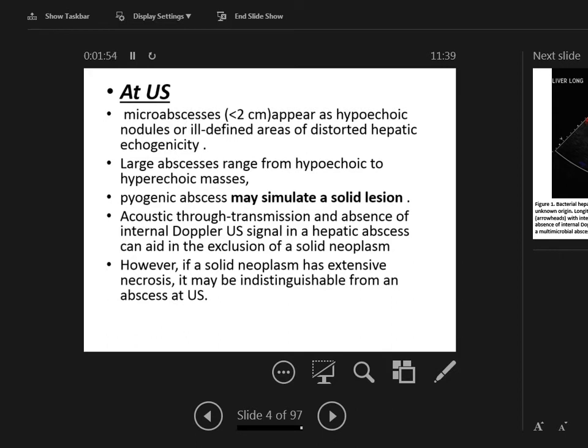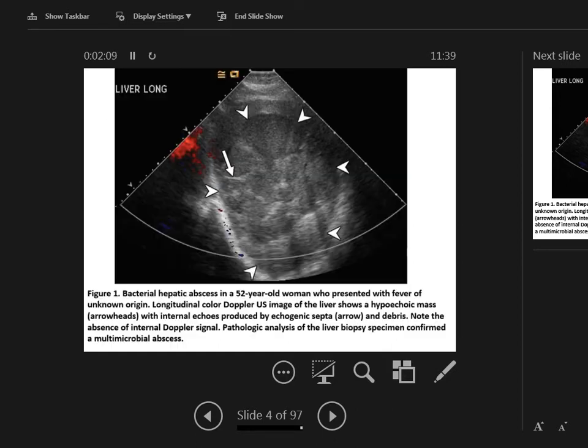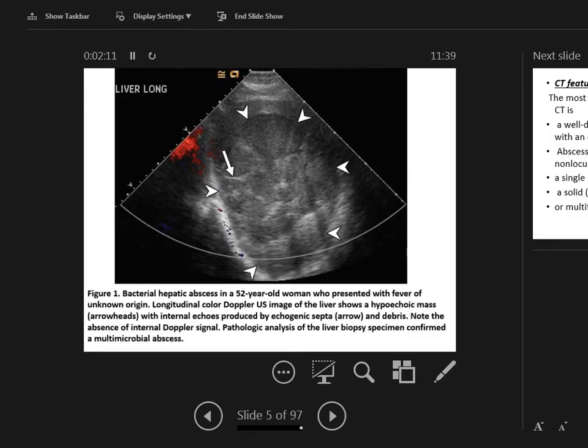A pyogenic abscess may simulate a solid lesion, so we can use Doppler to see if there is vascularity inside it, and through transmission to differentiate it from a tumor. This is an ultrasound of an abscess: heterogeneous echotexture, no Doppler flow, with a thick wall, the classical picture of an abscess.